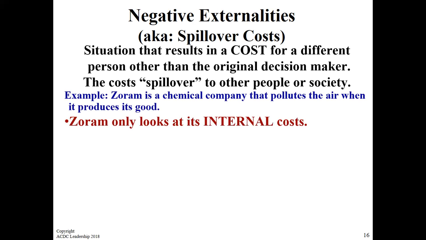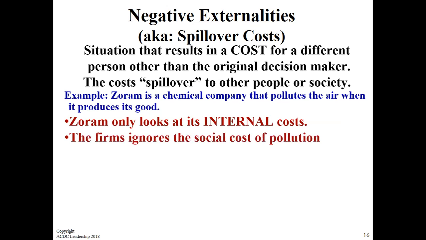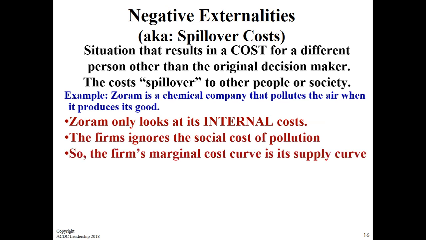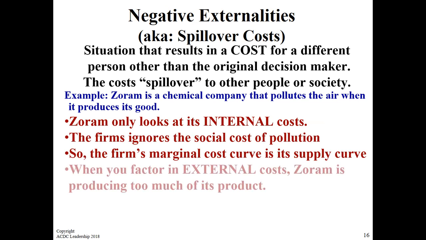When a company puts out its prices, it thinks of how much it costs to make things, and then it puts in a profit. It doesn't care about pollution. It doesn't put that in its cost. So the marginal cost curve is really the supply curve, which is actually private cost: the private cost to the company, not the cost to society.